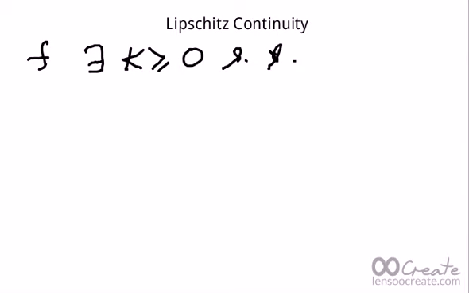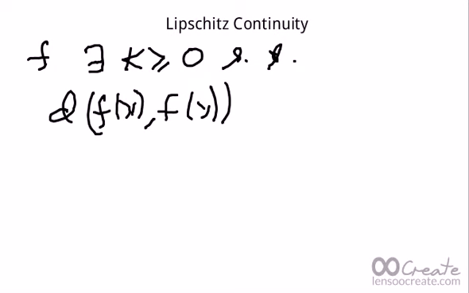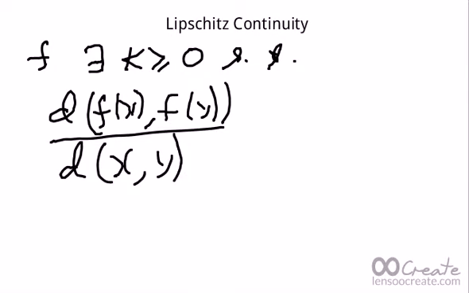A uniformly continuous function f is said to be Lipschitz continuous if there exists k greater than or equal to 0 such that the ratio of the distance of f(x), f(y) divided by the distance of x, y is less than or equal to k.